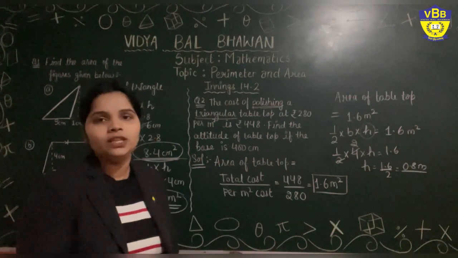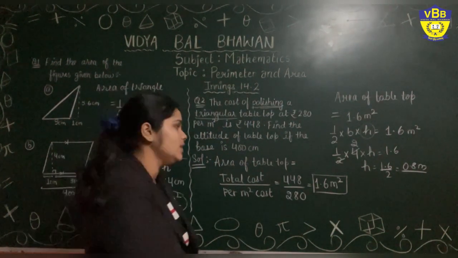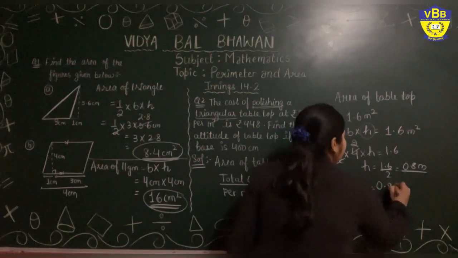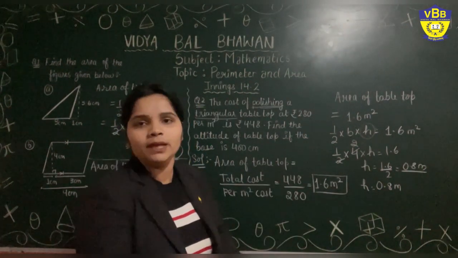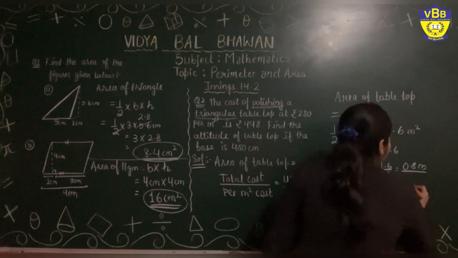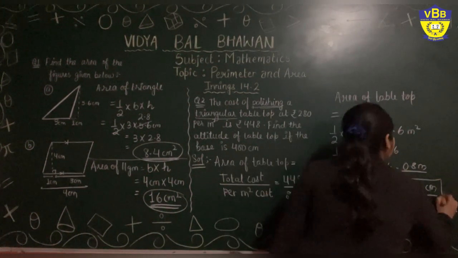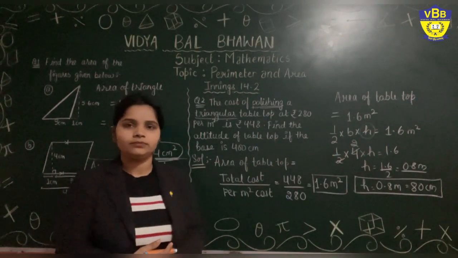The altitude of the triangular tabletop is 0.8 meter, or convert it into centimeter: 0.8 multiplied by 100 is equal to 80 centimeter. So the answer is 80 centimeter or 0.8 meter.